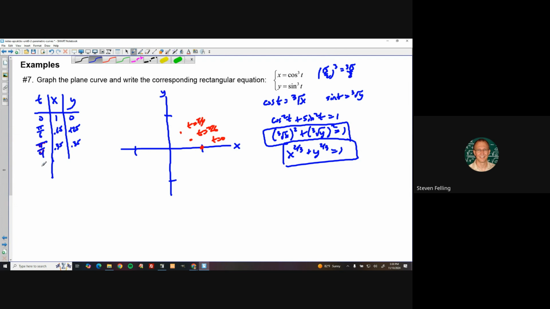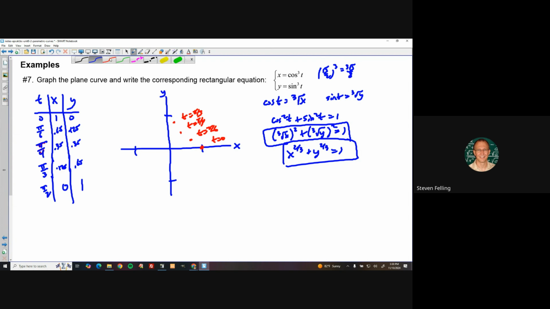And when t is pi over 3, actually it's going to be the sine and cosine in reverse. So this will be 0.125 and this will be 0.65. That means this is 0.125, 0.65 when t is pi over 3. And then when we're at pi over 2, this will be 0 and 1, actually.